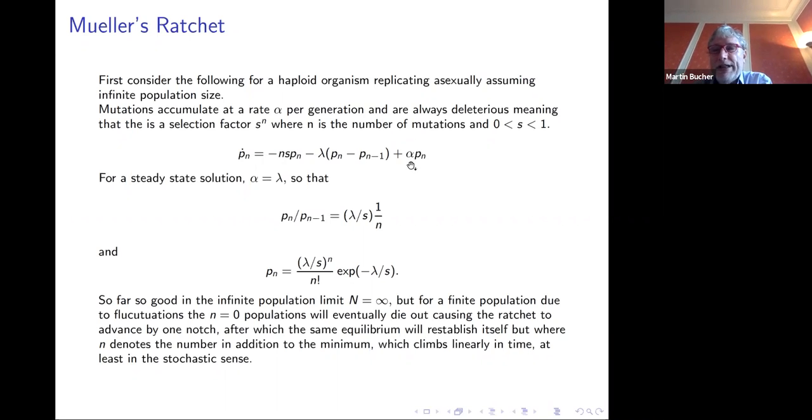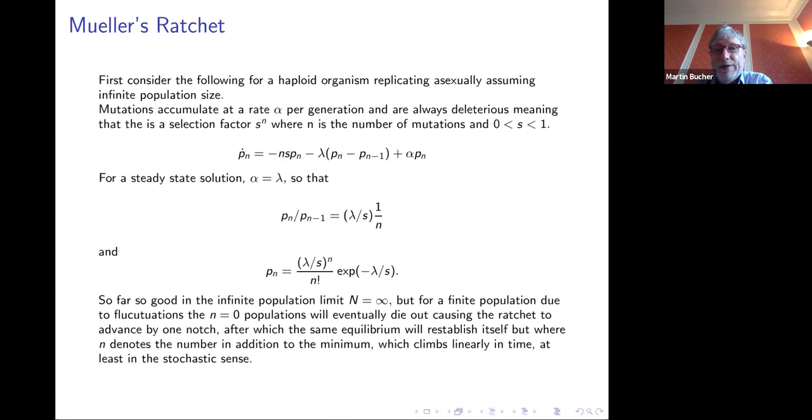And then we're going to add sort of a constant term. So we're going to assume that the size of the population remains constant. So there's some other population ecology mechanism that maintains the population at a fixed size.